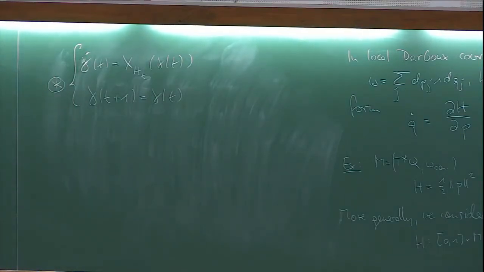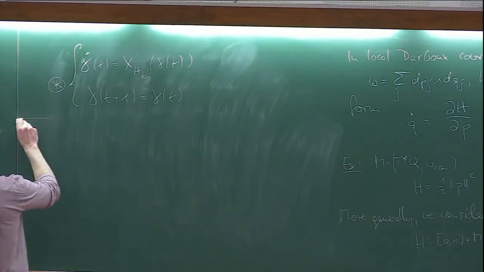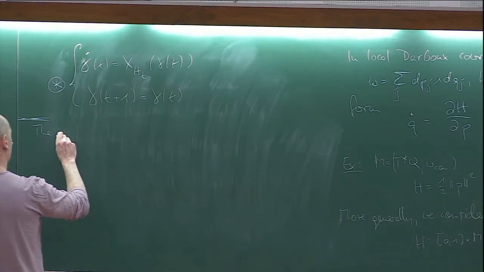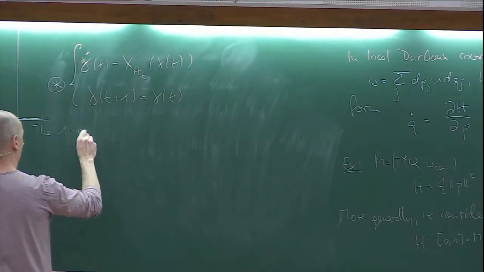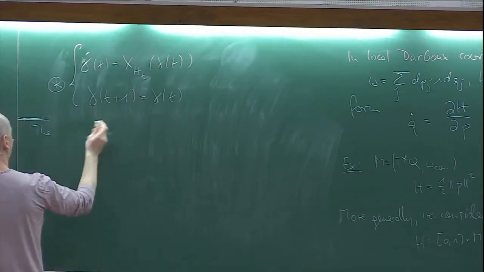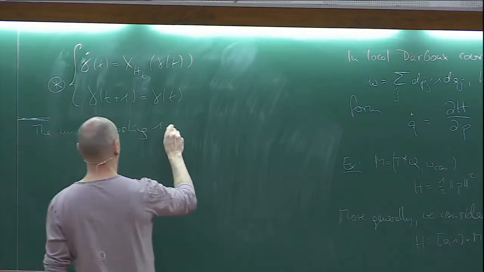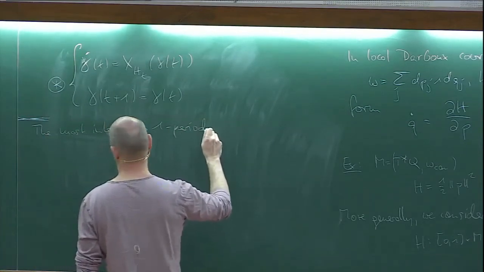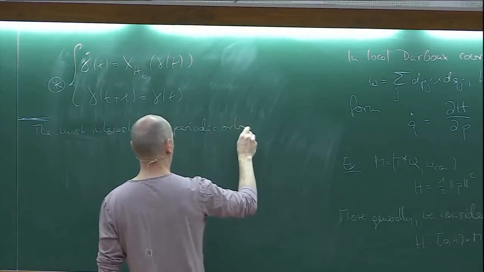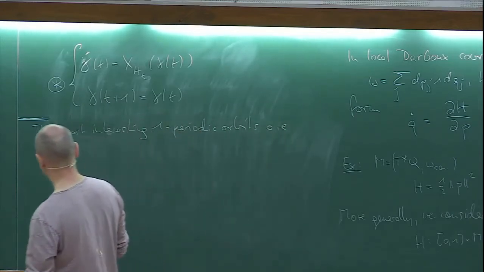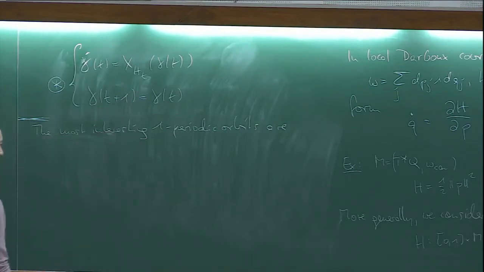Right. And now it turns out that such one-periodic orbits are actually critical points of a function on the loop space. Well, at least most of them, the ones we're interested in. I'll say what I mean by most interesting in a second.